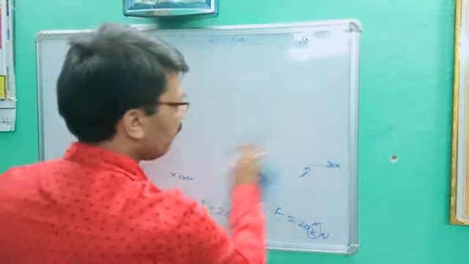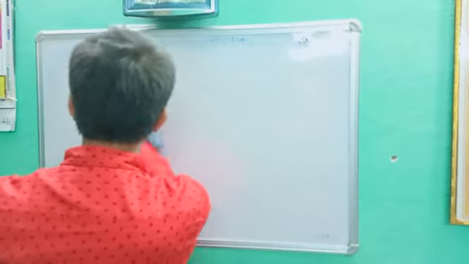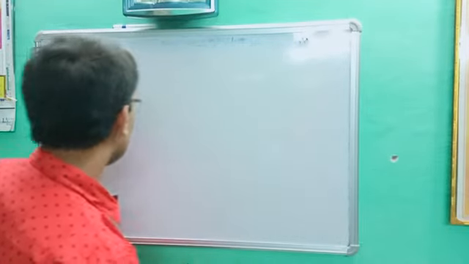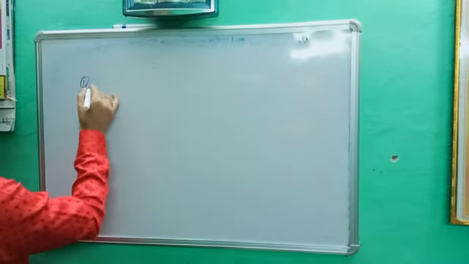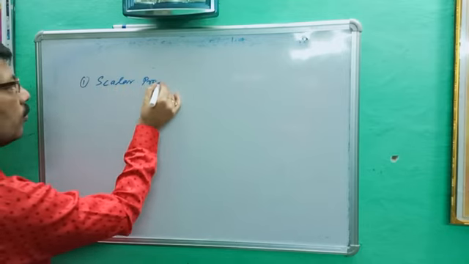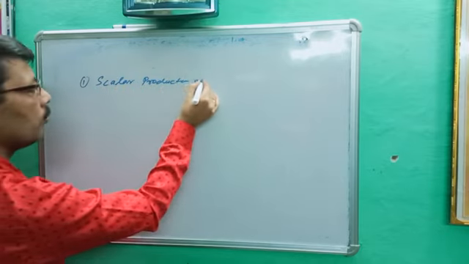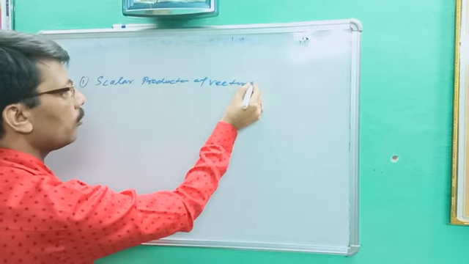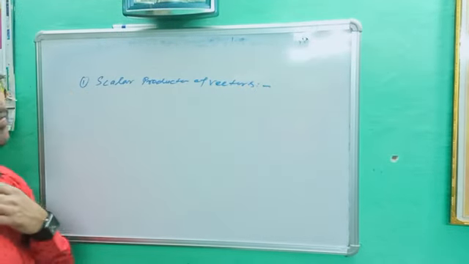Now, their significance, how can we signify? Two very important points are there. Number one, scalar product of vectors. Very important. Scalar product of vectors.